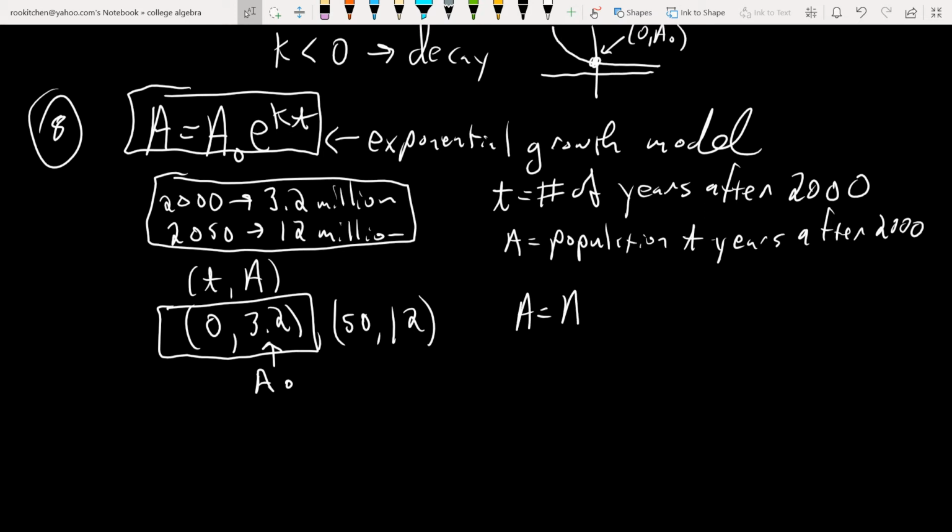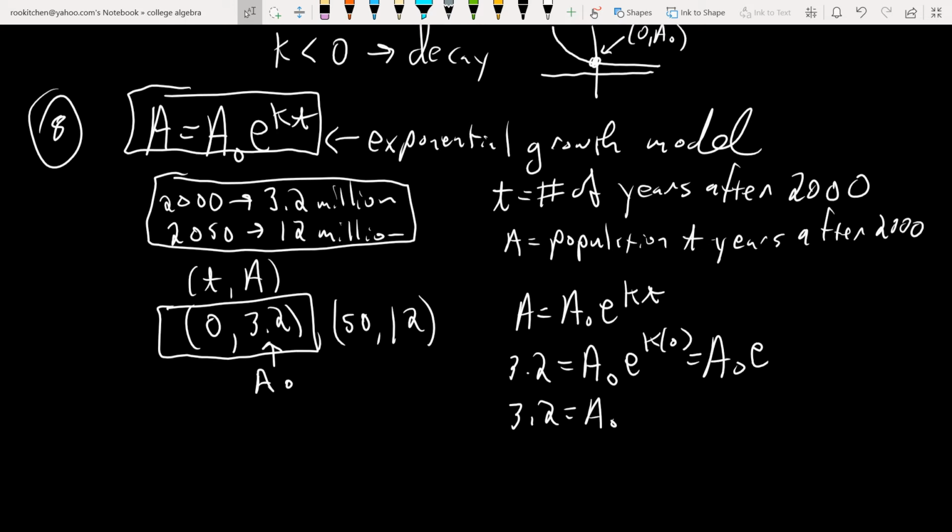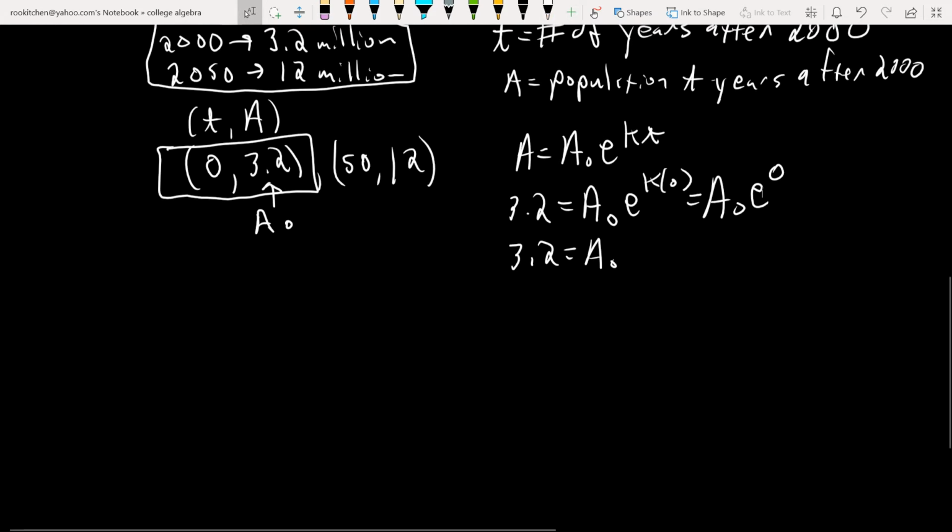Here again is the exponential growth model, and I'm going to plug in 3.2 for a, and 0 for t. And look, 3.2 equals a sub 0 times e to the k times 0, which is e to the 0, which is just 1. So 3.2 equals a sub 0.